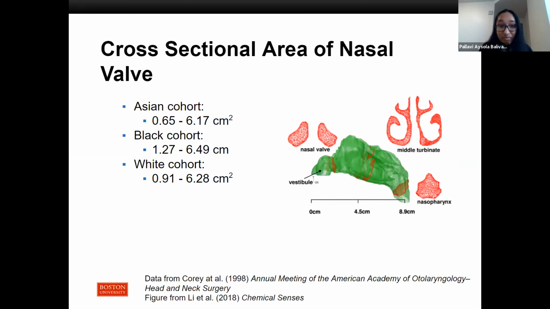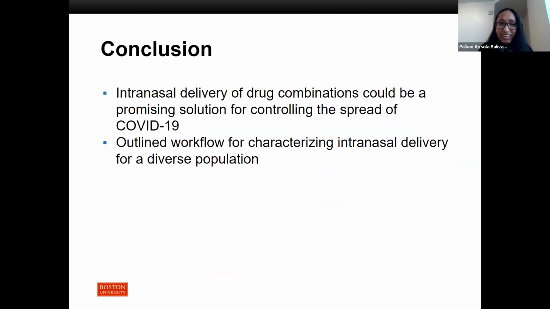So just in summary, the study shows that it is possible to have intranasal delivery of drug combinations. And we identify both the optimal particle size ranges as well as the optimal spray axis for the nasal spray. And then the second thing is that we've started outlining a workflow for future groups to expand the diversity of nasal geometry models such that we can characterize intranasal delivery for a larger population.